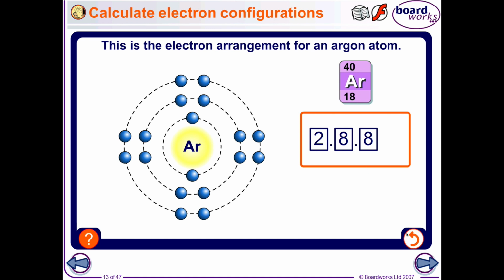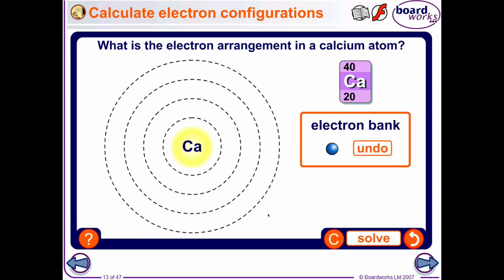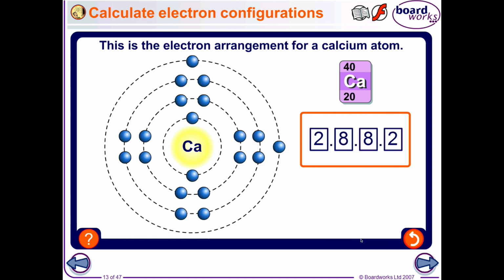And that's nearly as tricky as you would get. I mean, calcium is probably the hardest you would get at GCSE, and that has 20 electrons as the numbers show there. And again, 2 in the first shell, 8 in the second, then a further 8 gives me the 18, plus 2 more to give me the 20. And as you can see, because the outer number of electrons is 2, that also tells me that calcium will be in group 2 of the periodic table as well.